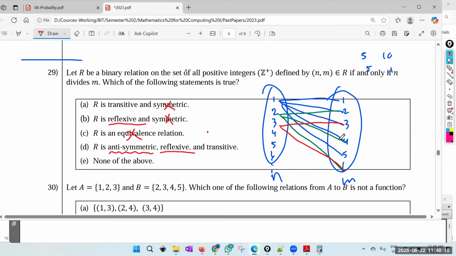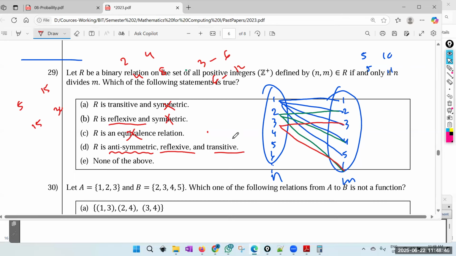Transitive. If 2 divides 4 and 4 divides 8, then 2 divides 8, right? Let's take another example. 3 divides 6, 6 divides 12, and 3 divides 12. Let's take another one. 5 divides 15, 15 divides 30, then 5 divides 30.